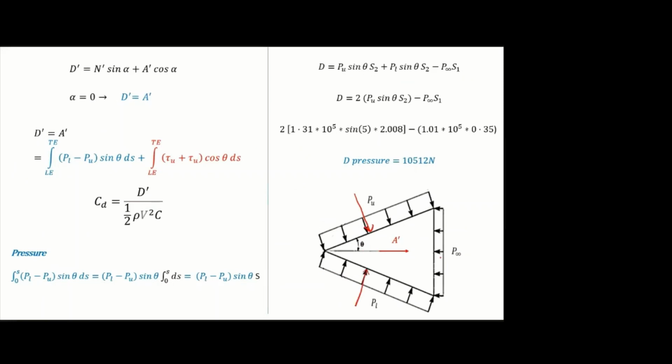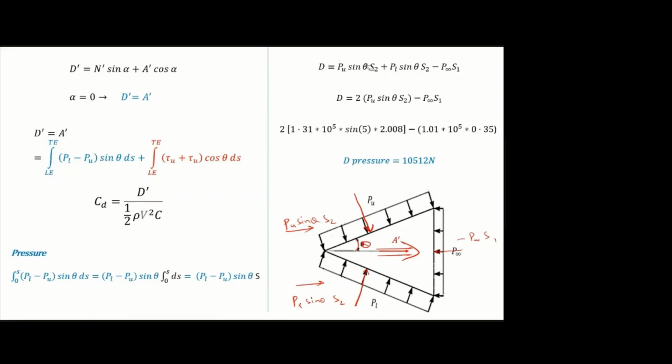So this Pu, PL, P infinity, I am resolving in this A direction. This inclination is theta. I am resolving horizontally. So we are getting this equation, and as the angle of attack is 0, both sides you will get the same pressure.